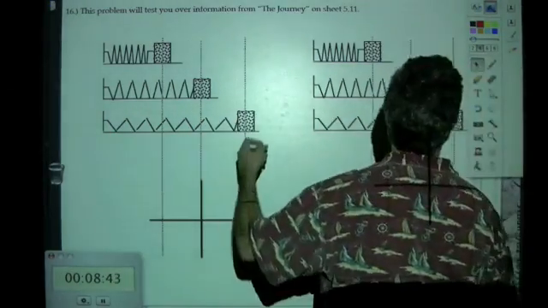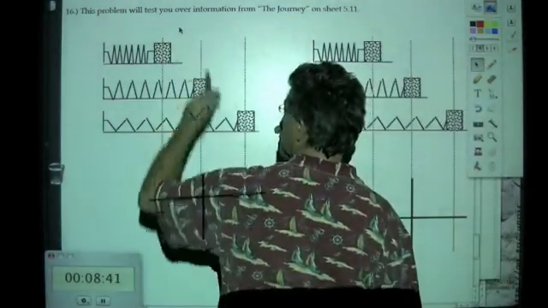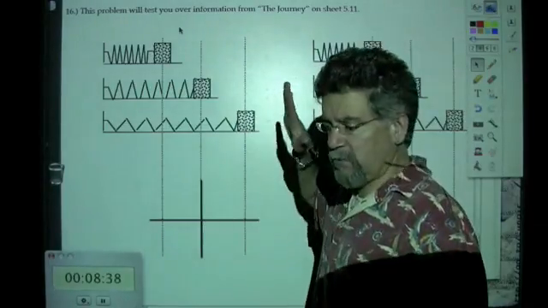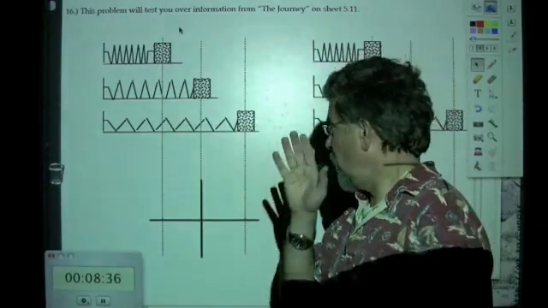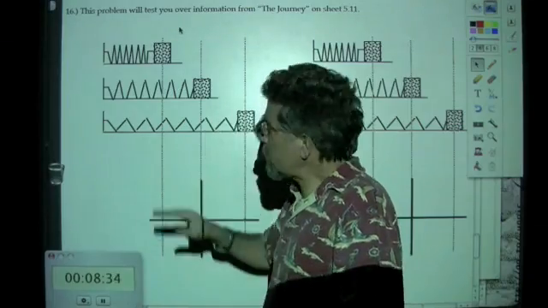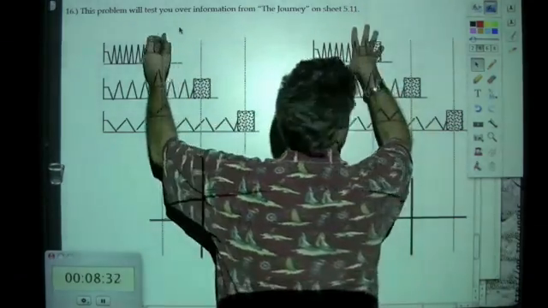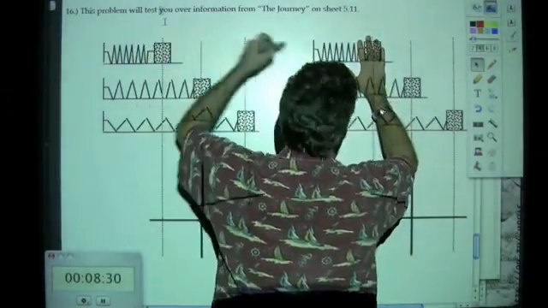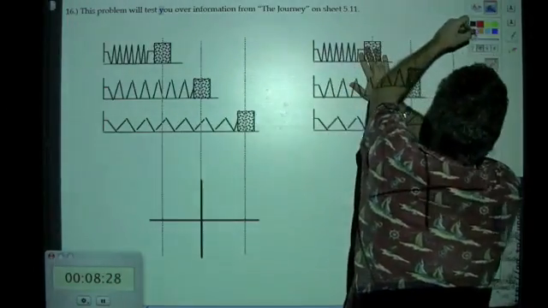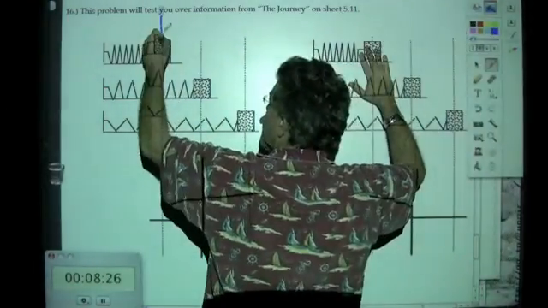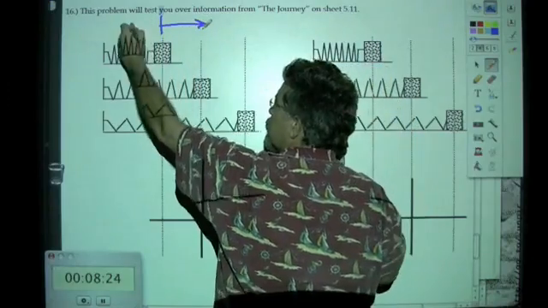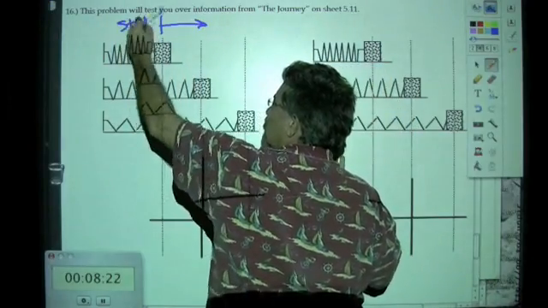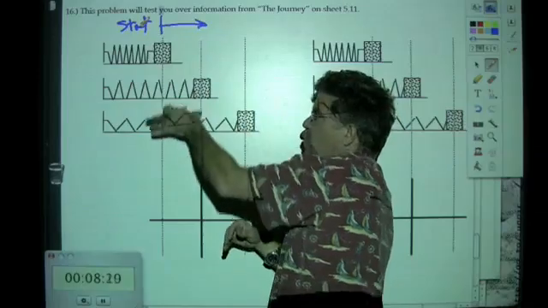But if my direction of motion, this is the first. Remember I said that, like on a pendulum, it's really broken up into quarters. If this is my starting point here, and I'm going this way, then this represents the first quarter of my trip.